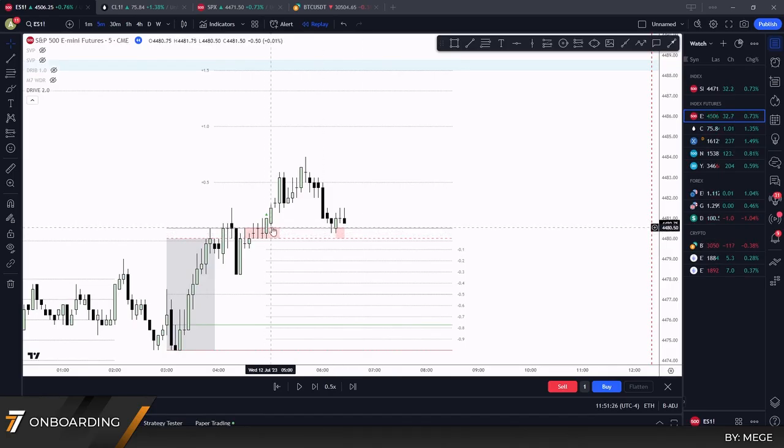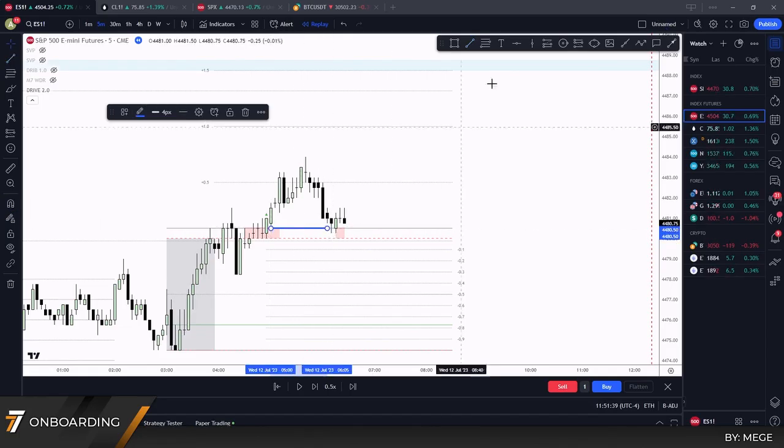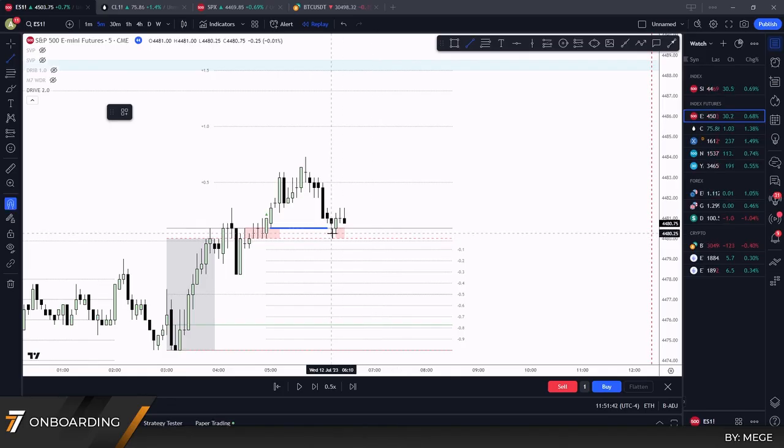So actually, so far this has been respected, right? So we have a confirmation. This is the max retracement so far, until here. Then this becomes the max retracement.